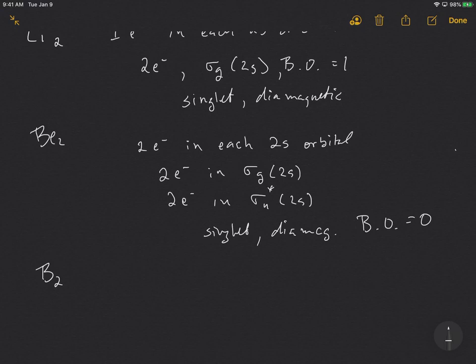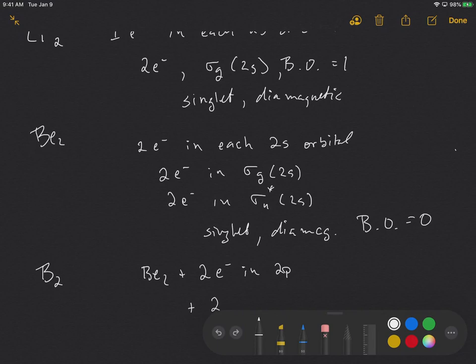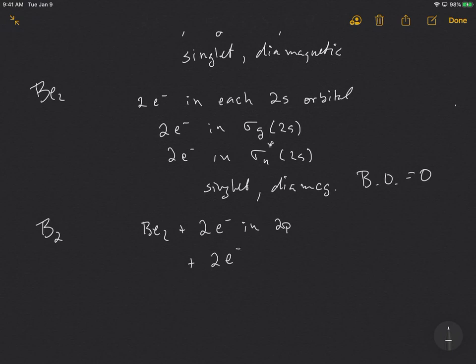So it's going to be like the previous case, Be2, plus we're going to have 2 additional electrons in a 2p orbital, and there's going to be 2 electrons.